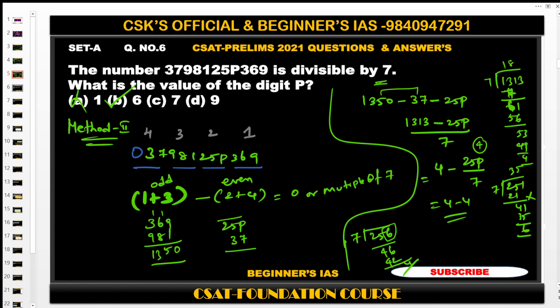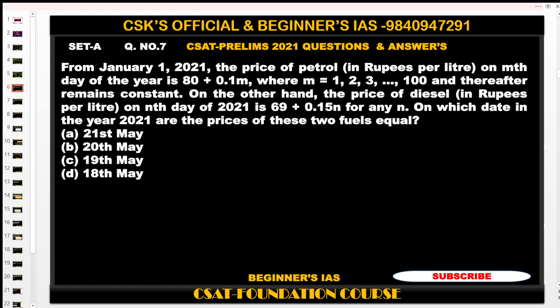Okay. So next question. So here from January 1, 2021, the price of the petrol in rupees per liter on the month of the day of the year. So here this is with respect to the petrol. So here 80 plus 0.1m.